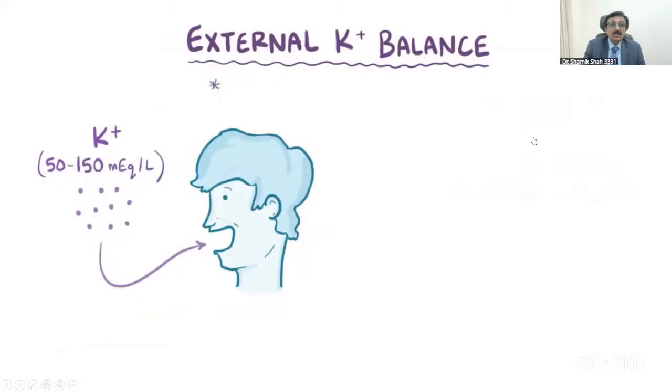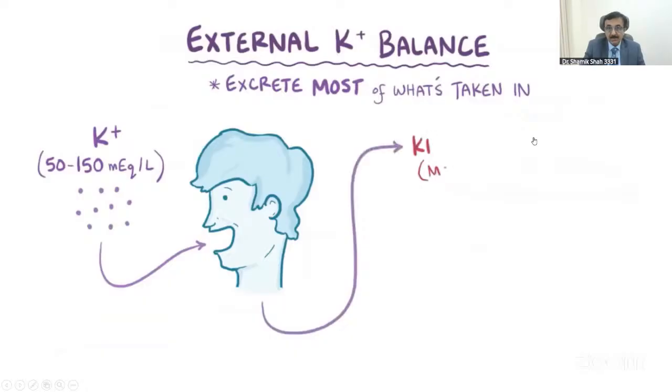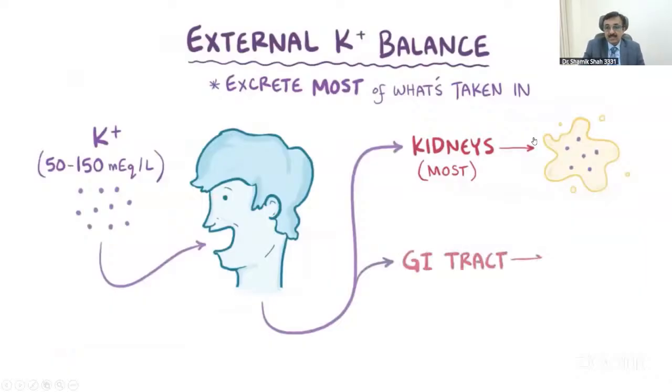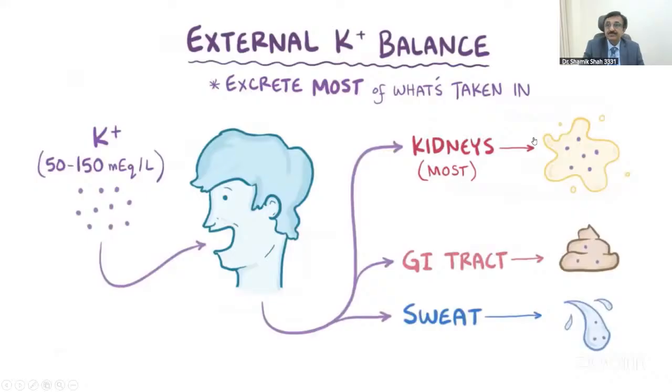That means the majority of what is ingested is excreted. And there are three mechanisms. The most important one, of course, is the kidneys, which excrete the extra potassium in the urine. And small components are also excreted in the feces, by the GI tract, and by sweat.